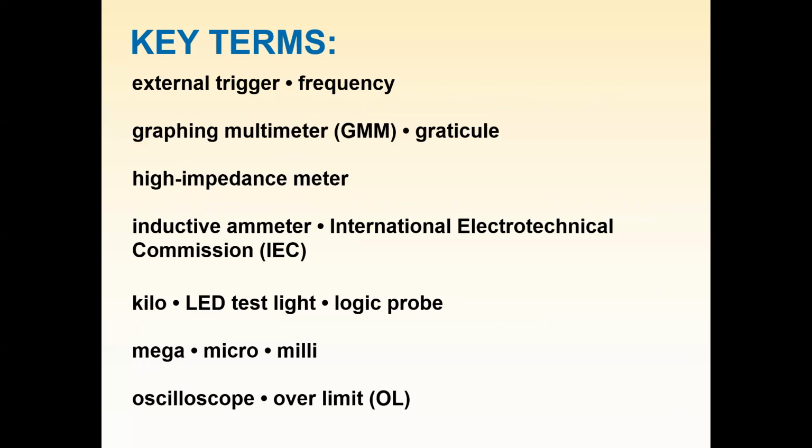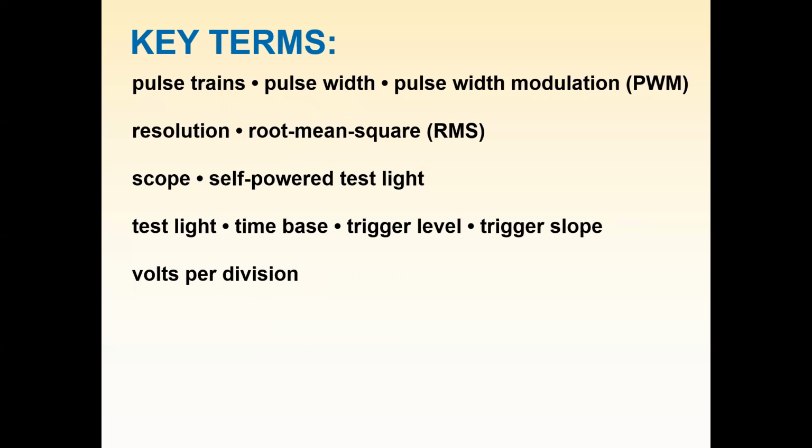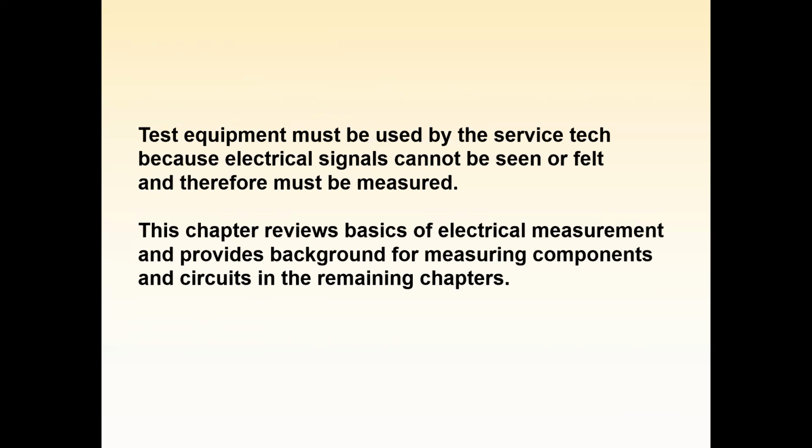Then other important terms such as external trigger, frequency, graphing multimeter, high impedance meter. Then LED test light, logic probe, oscilloscope, over limit, that is OL, pulse strength, pulse width, root mean square, RMS, self power test, trigger level, trigger slope, voltage per division. These are the important terms that we are going to see in module number 4.